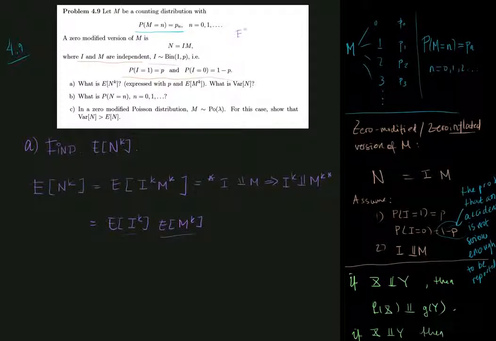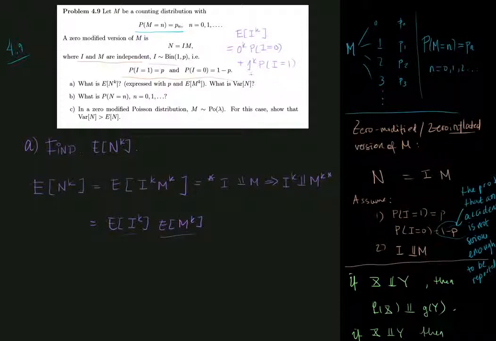So the mean of I to the k is equal to, well, the first value that I to the k can take is 0 to the k, multiplied by the probability that I is equal to 0, plus the second value that it can take, which is 1 to the k, multiplied by the probability that I is equal to 1.